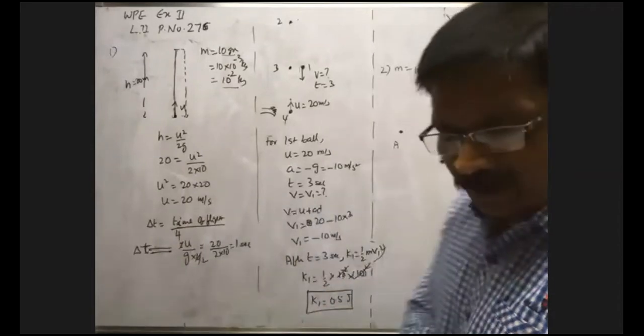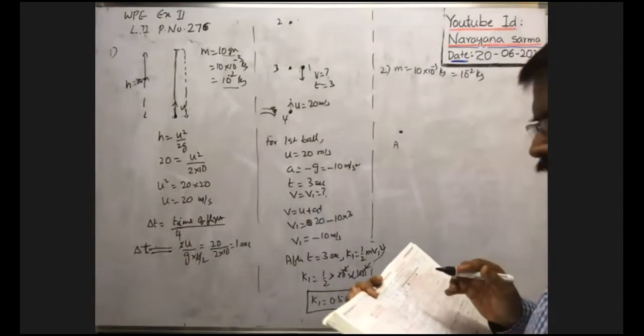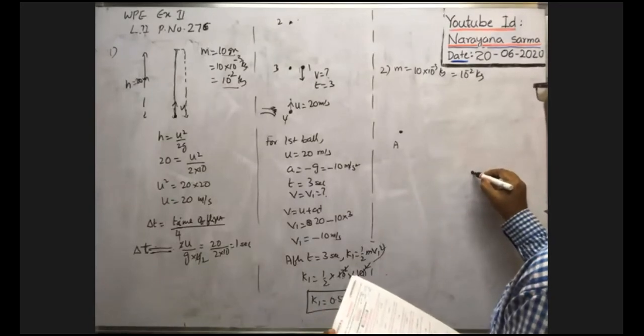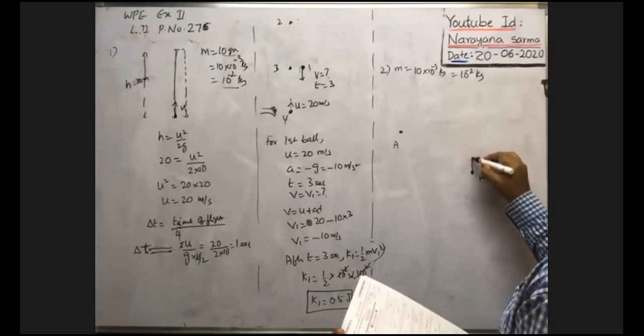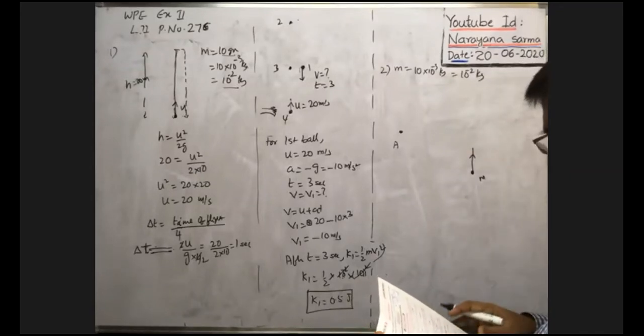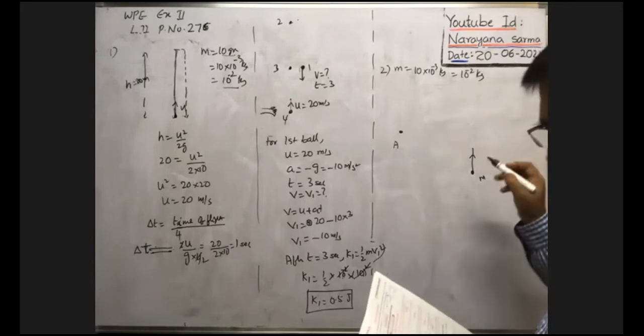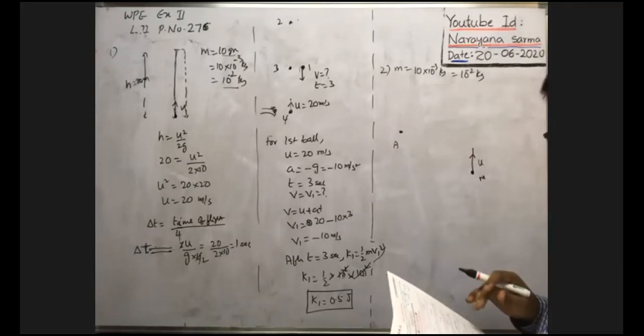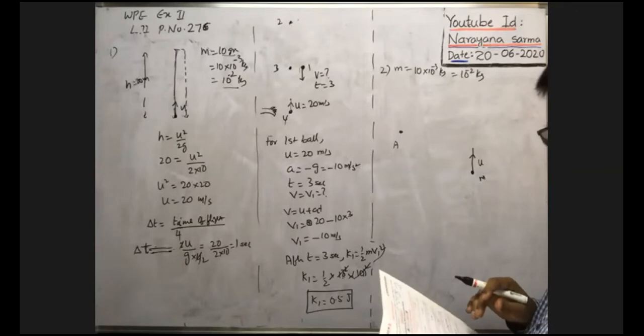Try to see. A stone of mass 10 gram is thrown vertically upwards with a certain velocity, say u. That velocity is not given. The minimum and maximum distance from a fixed point.